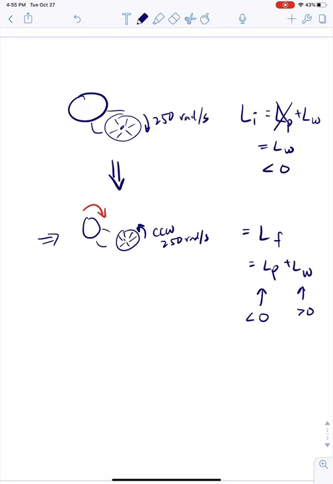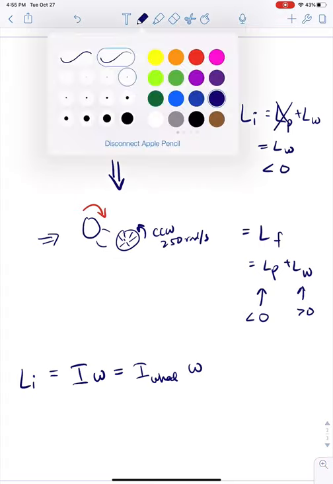First let's find the initial angular momentum. That is going to be I omega. In this case, we need the I of the wheel times the omega of the wheel.